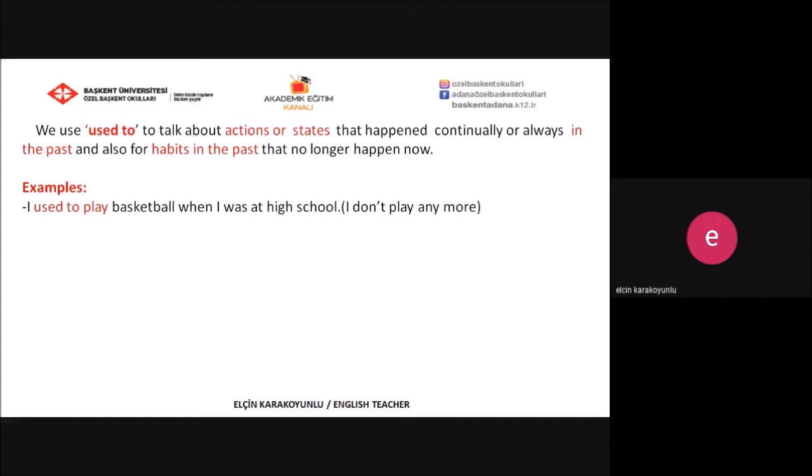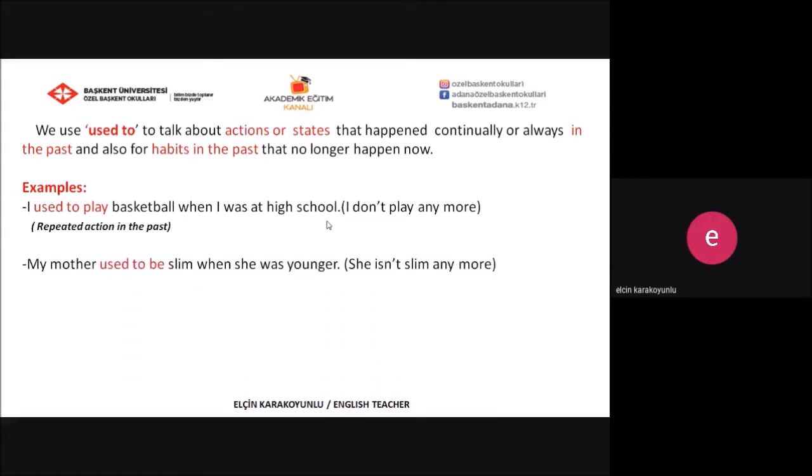I used to play basketball when I was at high school. So shortly, we can say that we use used to for a repeated action in the past. And the second example, my mother used to be slim when she was younger.